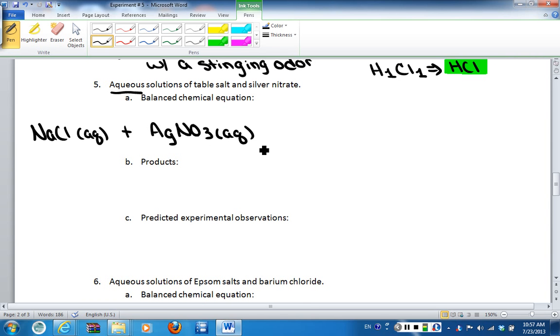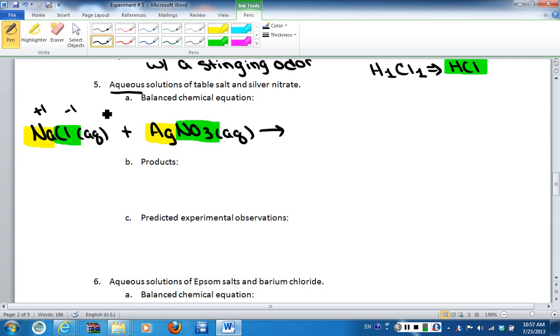So, if we go through and predict our products, again, we have our cations, we have our anions, and we can crisscross them in order to predict what our products are going to be. So, if I take sodium and compare it to the anion in silver nitrate. Now again, writing down what the charge is for each of these species is going to be important. It's going to help you when you predict your products.